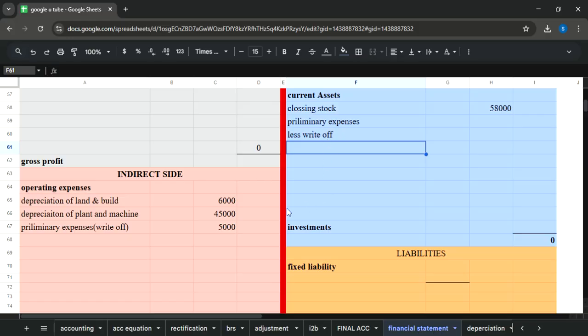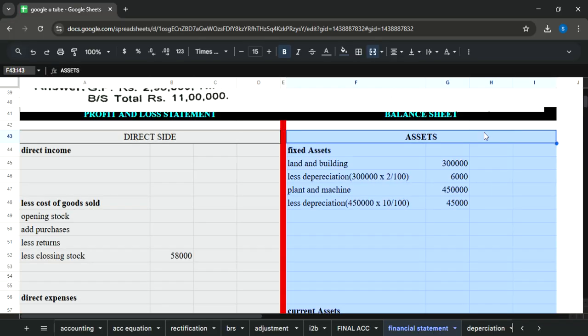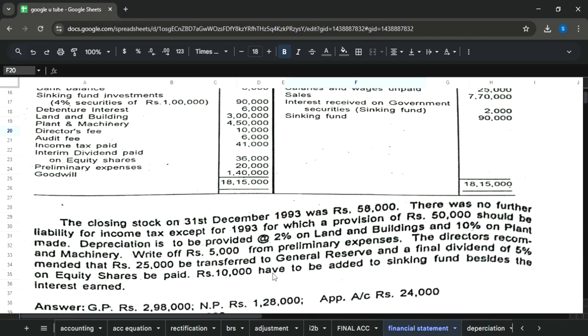The concept behind it is that preliminary expenses are actually assets because they are of the nature of prepaid or unexpired. So they were supposed to be written over here, but out of total preliminary expenses, some were written off. So the expenses written off would be mentioned in operating expenses, and the remaining amount would be part of the current asset side. In this way, guys, the adjustment related to preliminary expenses is completed.